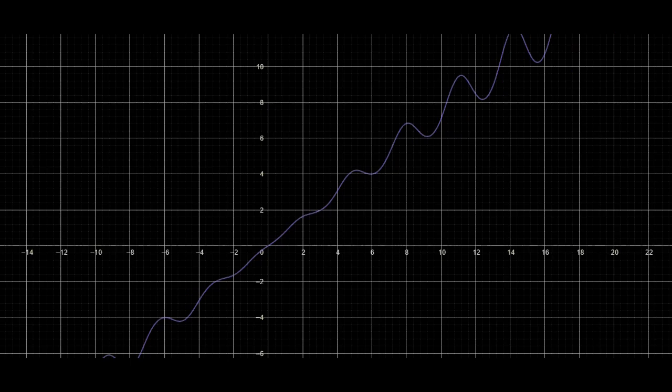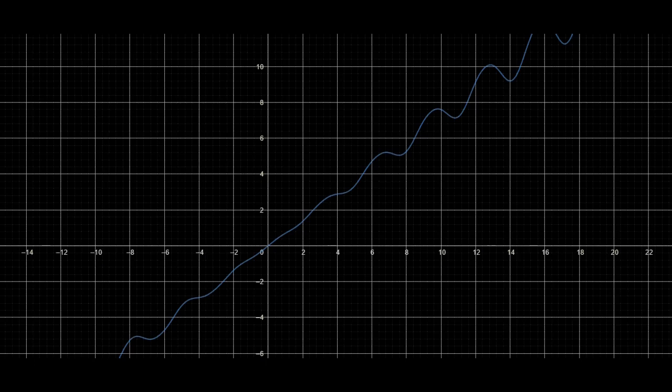This graph has cos repeated 4 times. This one has cos repeated 5 times. In this graph, cos is repeated 6 times. In this graph, cos is repeated 7 times.